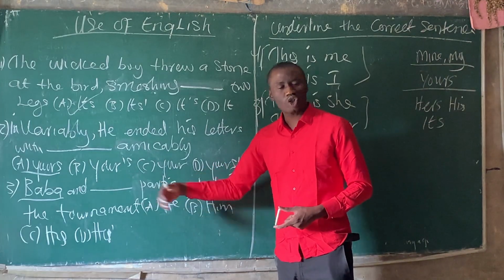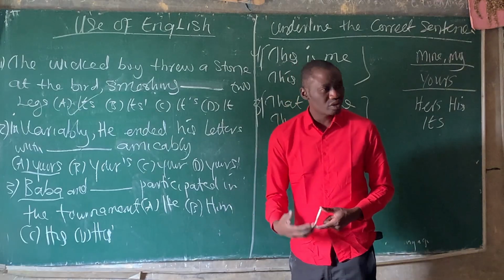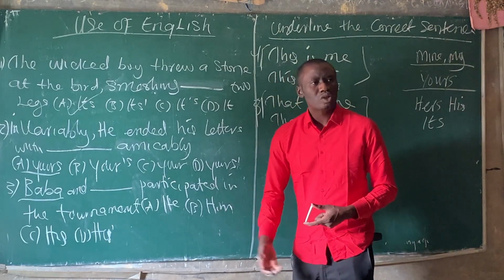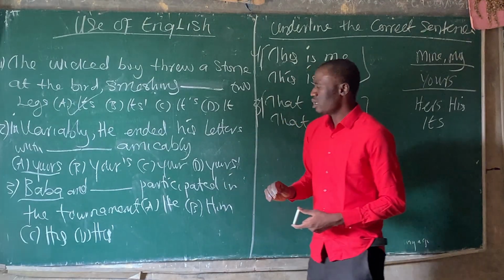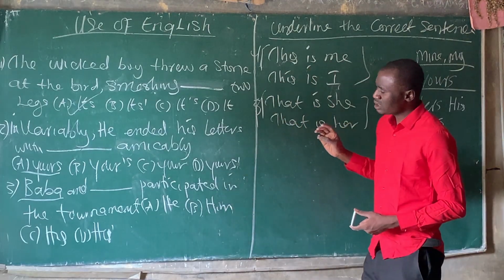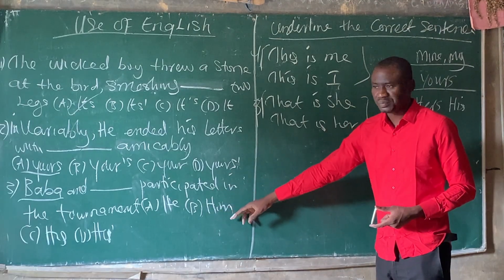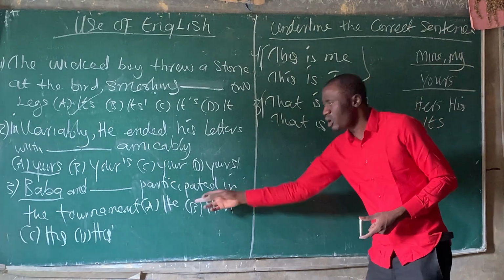Are you following now? Because a pronoun replaces a noun. They say a pronoun is the word instead of a noun for small children. But a pronoun replaces a noun to avoid needless repetition. Then, if you look at the first person singular, sorry, this should be third person singular.